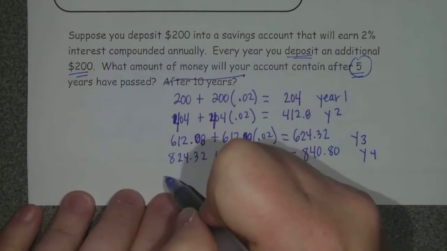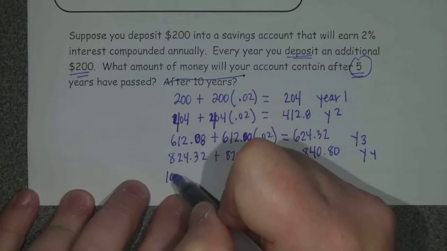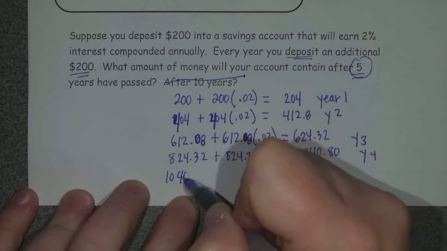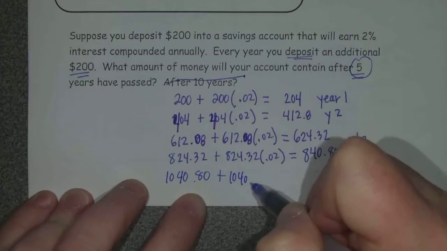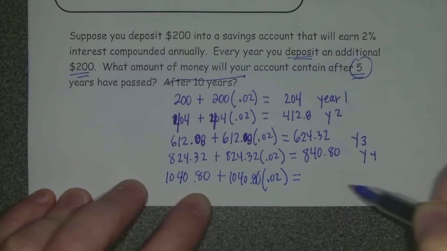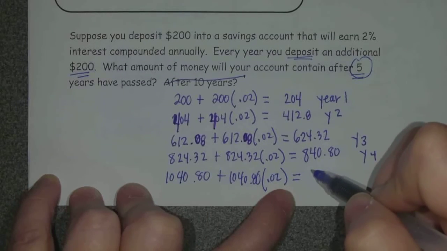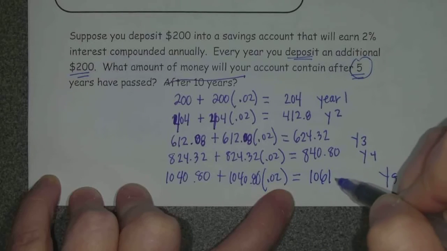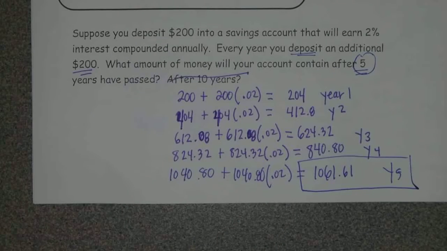So what'd you start out the last year with? 1040.80? And so we would end at year 5 with... Perfect. Okay, we're not going to go further than year 5 today on that.